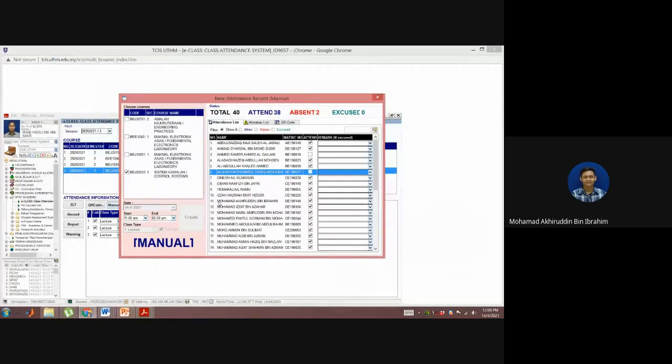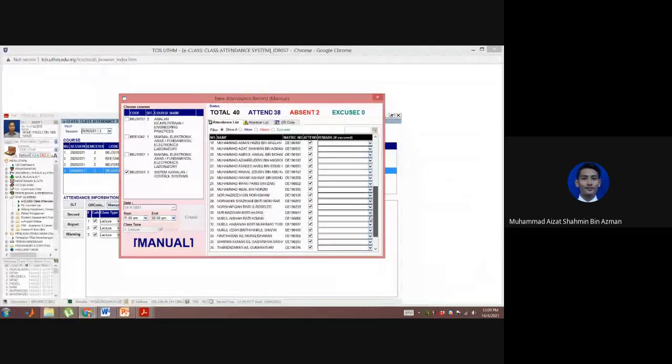Akhiruddin, Izzat, Nabil, Amir, Abdul Karim, Amin, Adib, Aiman, Aminul Haikal, Azharuddin, Faris, Mukhar, Haikal Izzuddin, Hakimi, Irfan, saya, doktor.